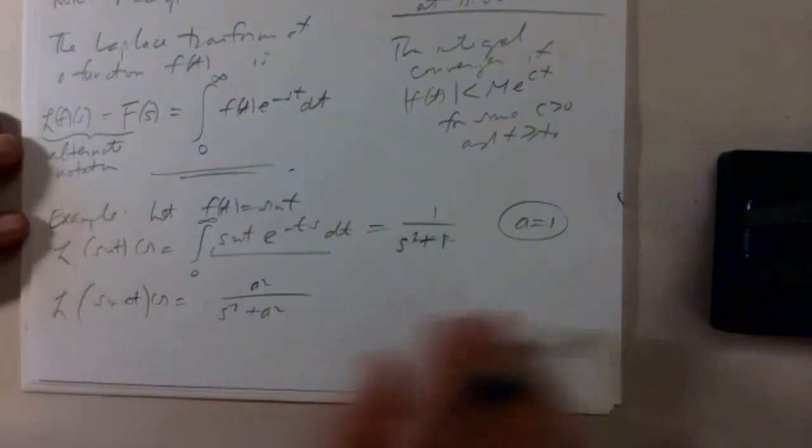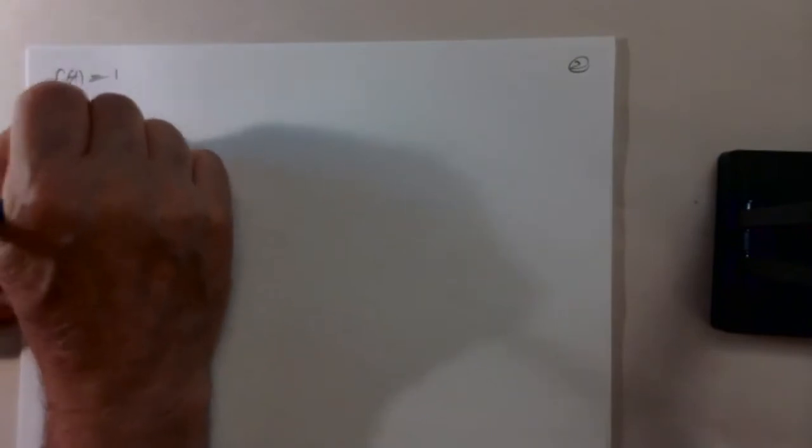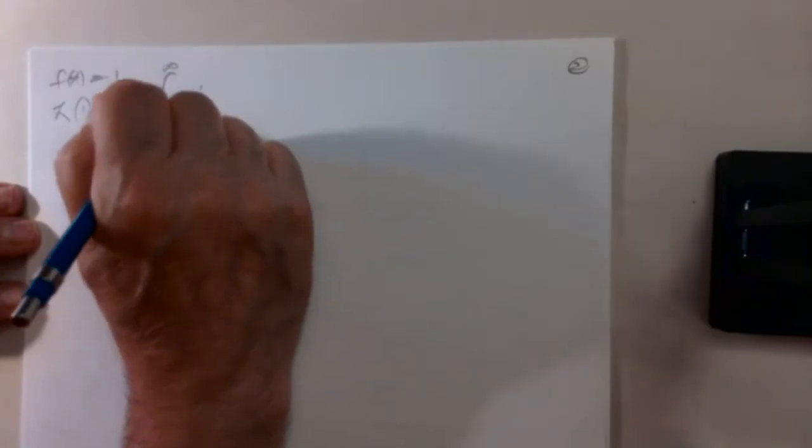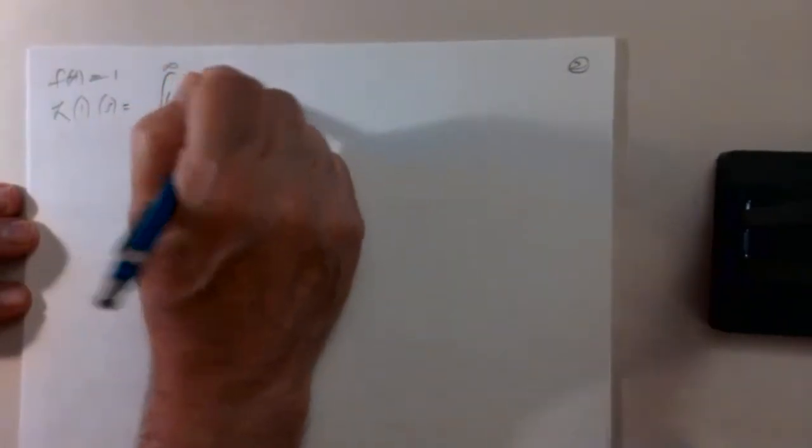Let me do a very easy example. Suppose we take the function f of t identically equal to 1. Then the Laplace transform of this is what? It's the integral from 0 to infinity 1 times e to the minus st dt.